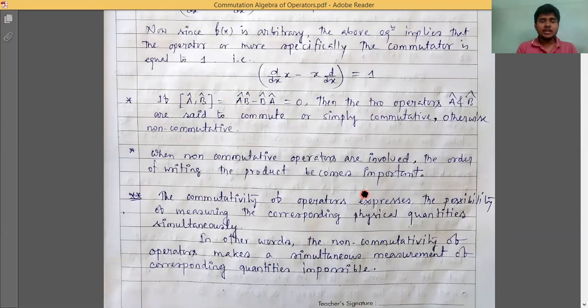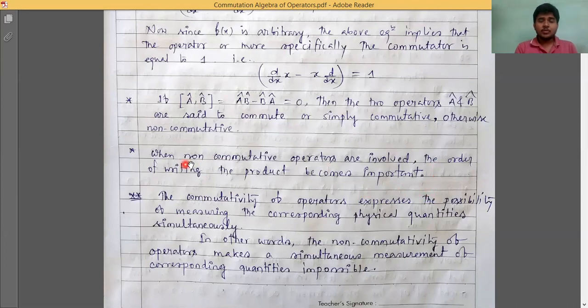But whenever you write b cross a, you get the result in just the opposite way. You are moving the b vector towards the a direction, with respect to the same right-handed screw system. So you get two exactly opposite results, and that's why we cannot write a cross b equals b cross a. Here comes another symbol, minus, so you write a cross b equals minus b cross a.